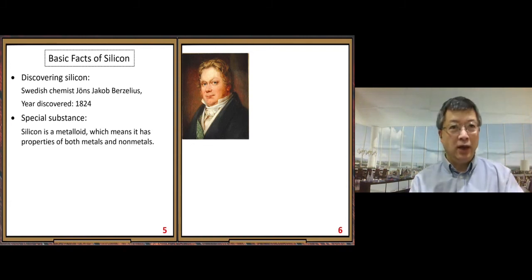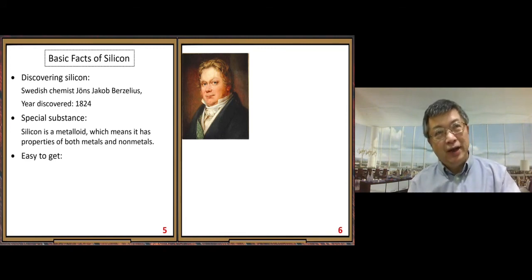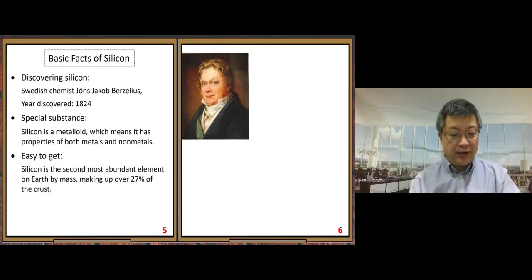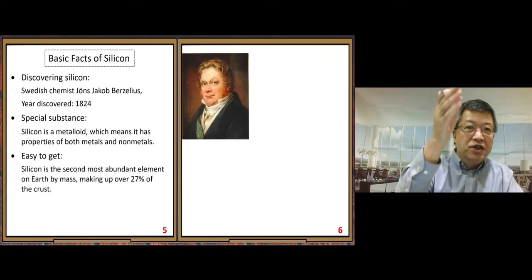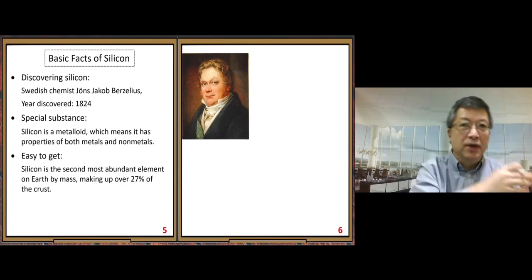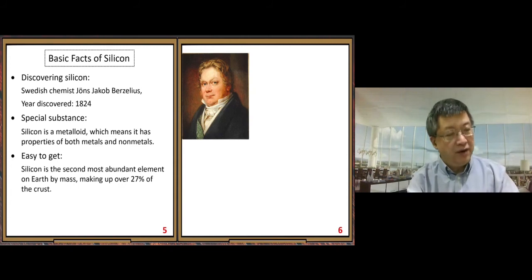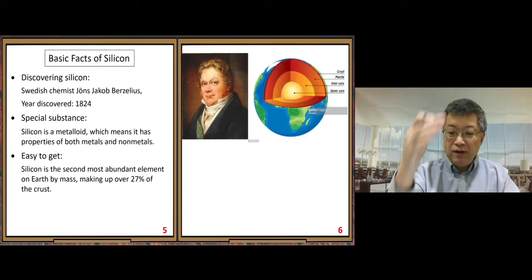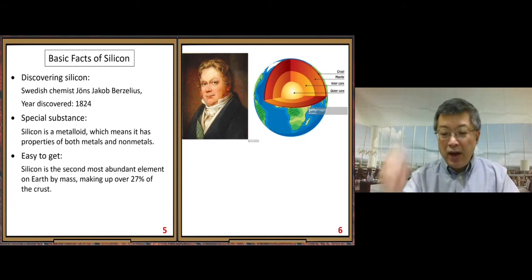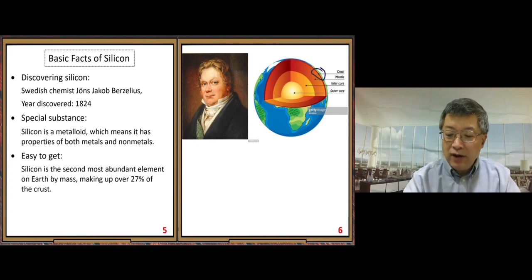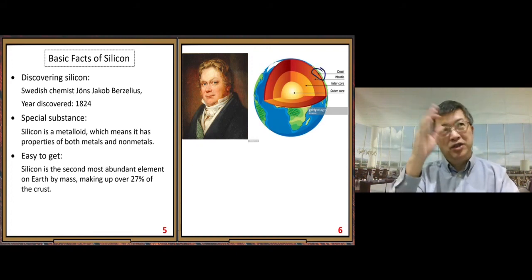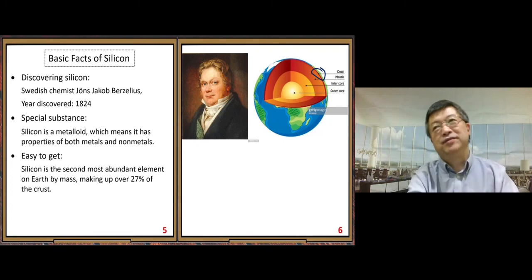Next, easy to get. The cost is not very high. It is the second most abundant element on Earth by mass, making up over 27% of the Earth crust. Mainly the Earth crust part, not other parts, but still a lot.